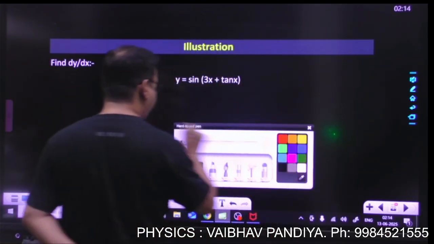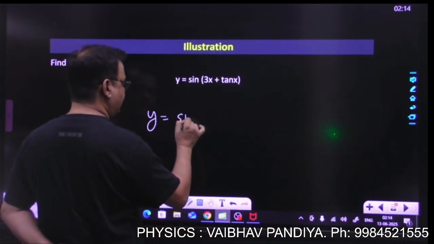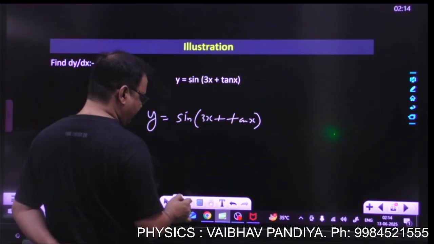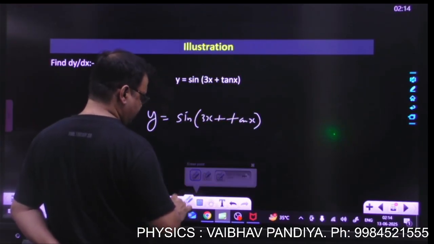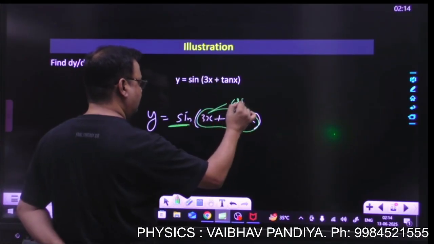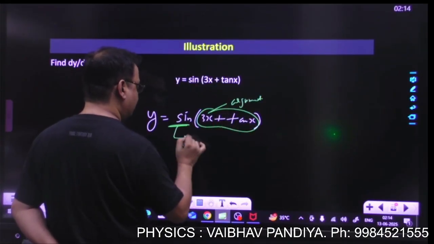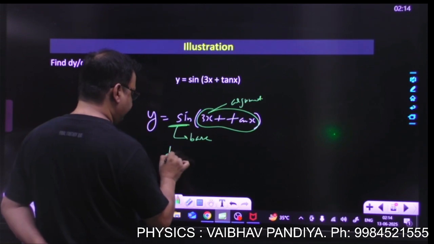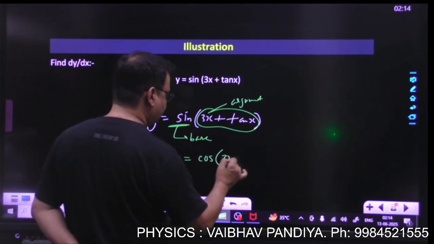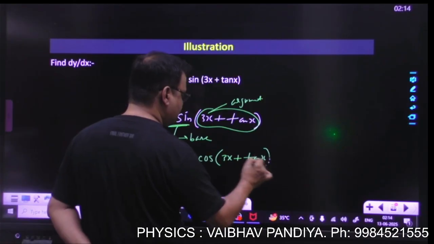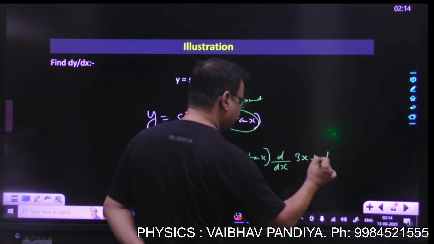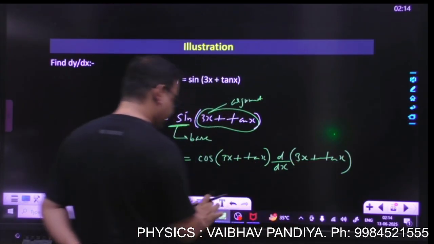Now see, y is equal to sine 3x plus tan x. So forming the first link of the chain, this is the base function and this is the argument. So dy by dx: the derivative of sine is cos, copy the argument. Now we have to multiply it with the derivative of the argument, that is 3x plus tan x, correct?